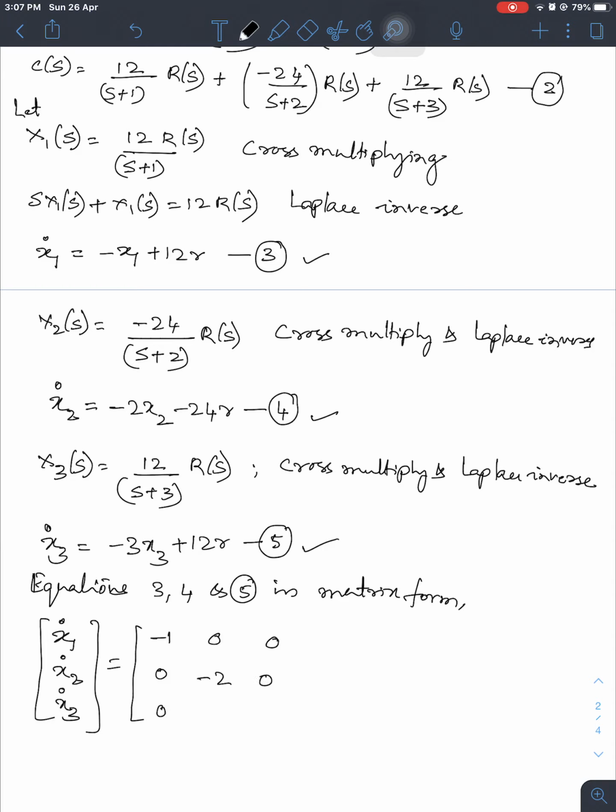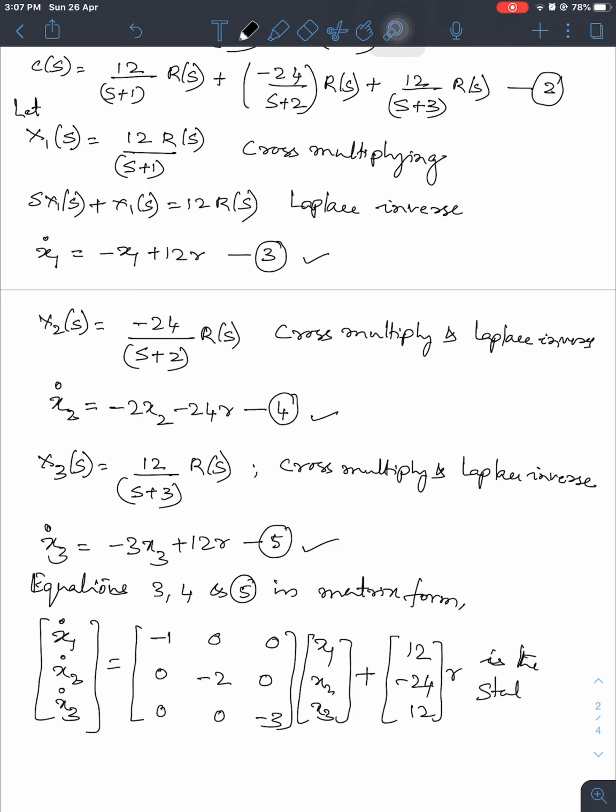The third equation, no x1, no x2, minus 3x3. This is into x1, x2, x3 plus 12, minus 24, 12 into u. This is the state equation, alright, because it is in the form x dot equal to Ax plus Bu.